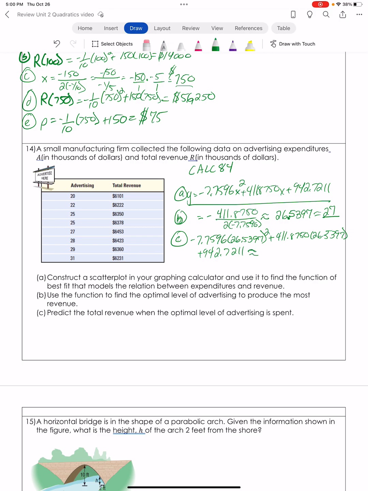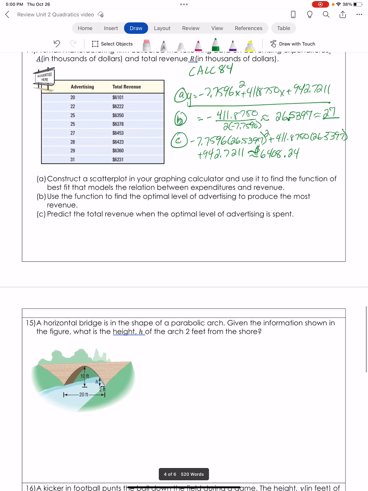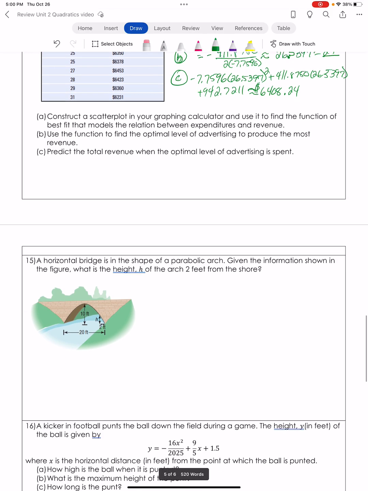And when I put all that in the calculator, I end up with 6,408. Then I'm going to round to the nearest hundredth, 0.24, because we are talking about money. All right, so that's A, B, and C for that one. That one's pretty easy. I apologize for the sidebar.